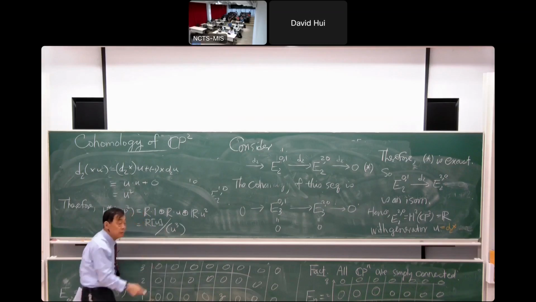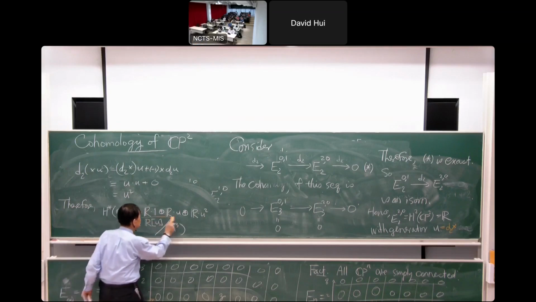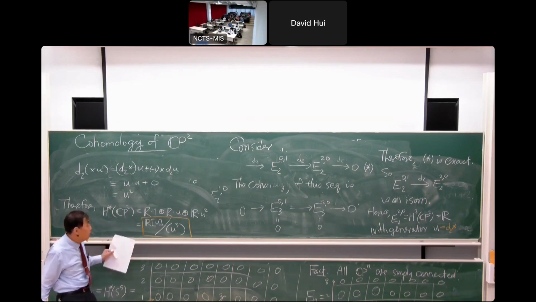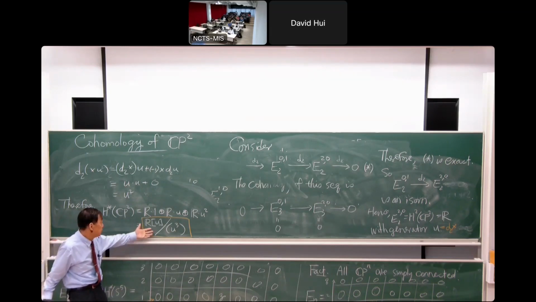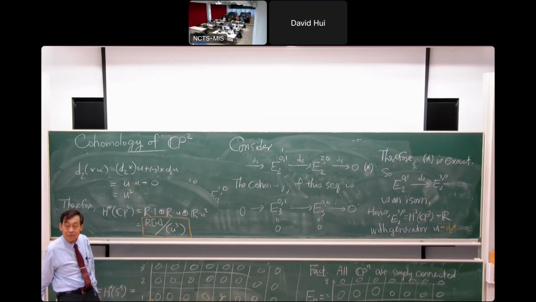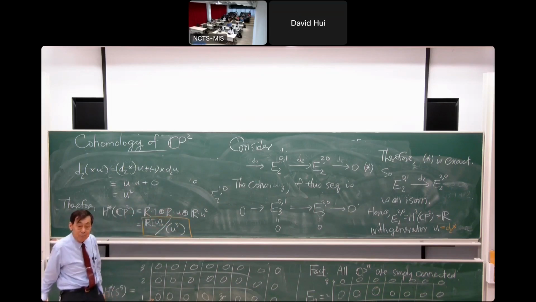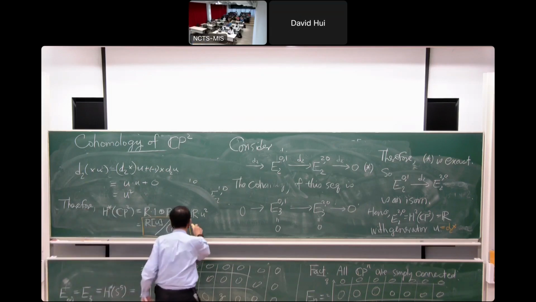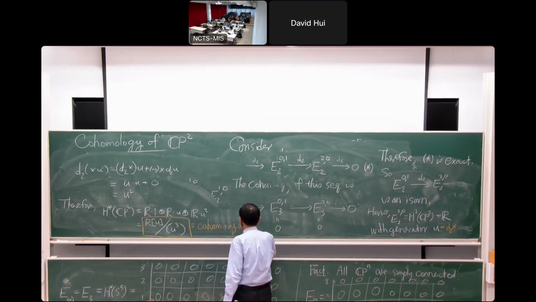So that means you set U cube equal to 0. And so you see that not only do we have the cohomology of CP2 as a vector space, we also have the cohomology as a ring. This gives you the ring structure, because you know how the elements in the cohomology multiply. They are just multiples of U. So this is the cohomology ring of CP2.